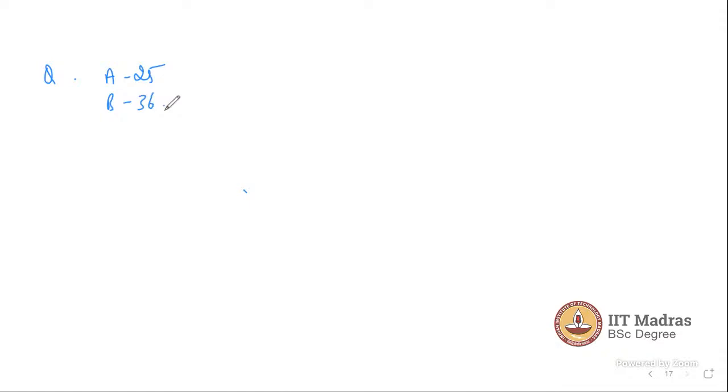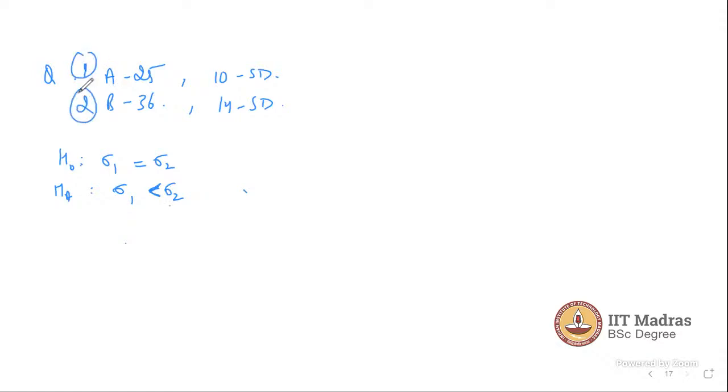Although there was no significant difference, section A has a standard deviation of 10 and section B has a standard deviation of 14. Can we conclude at 0.01 level of significance that the variability in marks of class B is greater than that of A? So the null hypothesis is sigma 1 equal to sigma 2 and the alternative is sigma 1 less than sigma 2, because we have to check the variability in marks of class B. If I take this as 2 and this as 1, this is what we have to check.